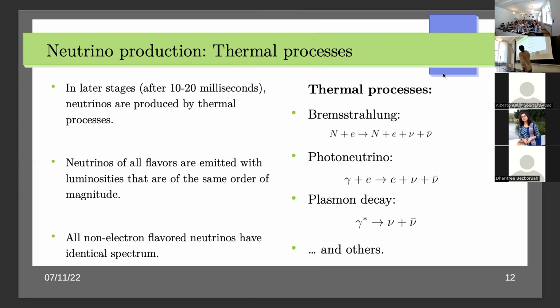And these thermal neutrinos are basically what lead to this deposition of energy and revival of the shock, because the neutronization burst happens quite early. So these are a few examples of the thermal processes which we are talking about, which are mostly responsible for emission of neutrinos.